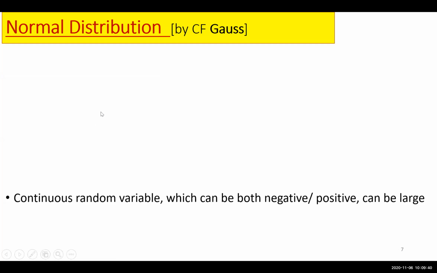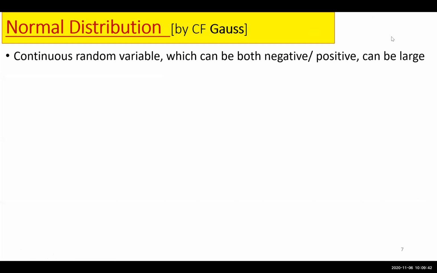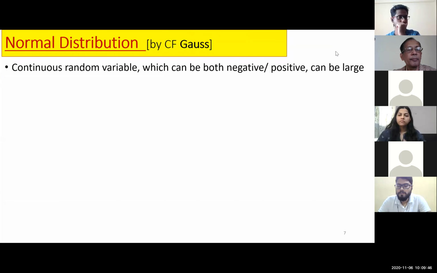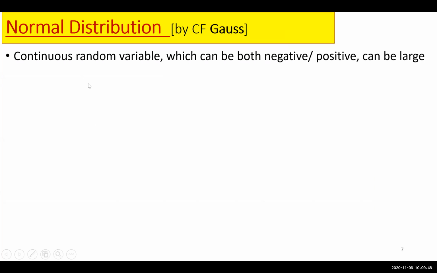Normal distribution will be best explained by understanding the properties which we'll be discussing one by one. Please remember, we had introduced normal distribution as being from the family of continuous random variable group, or continuous distribution group.